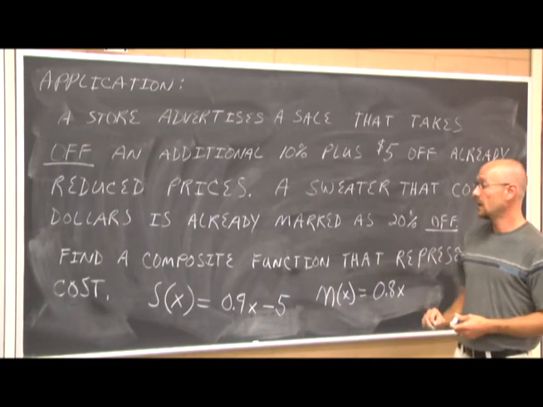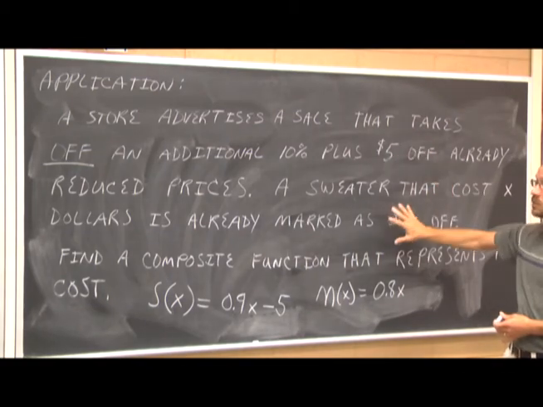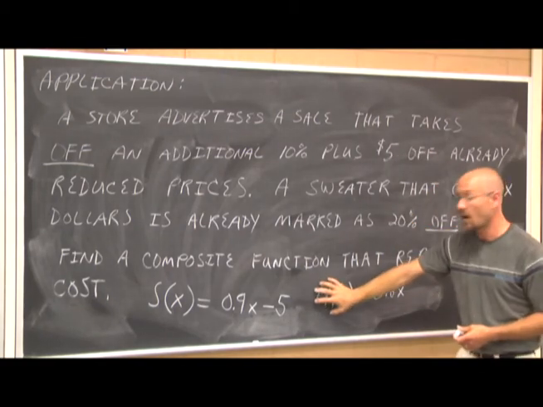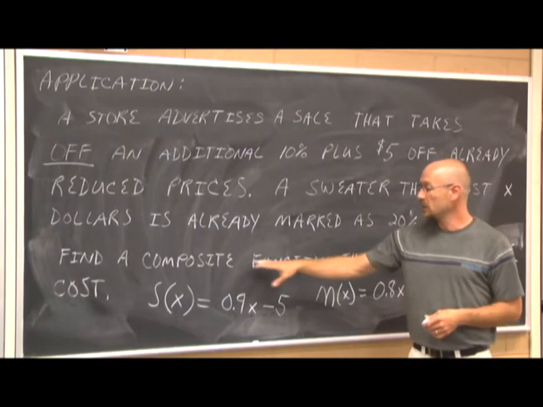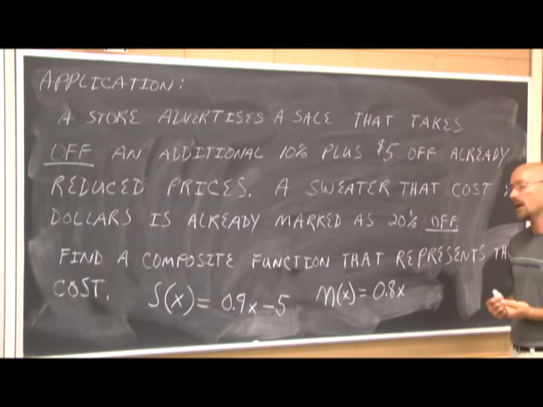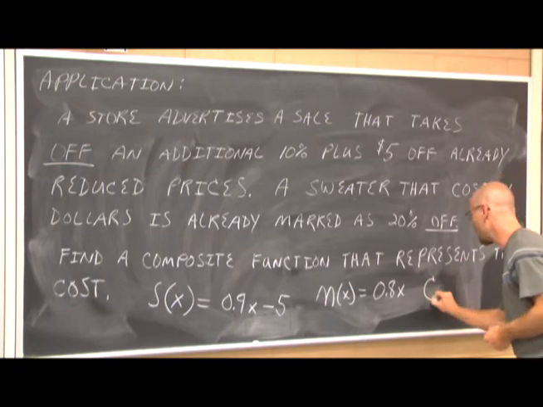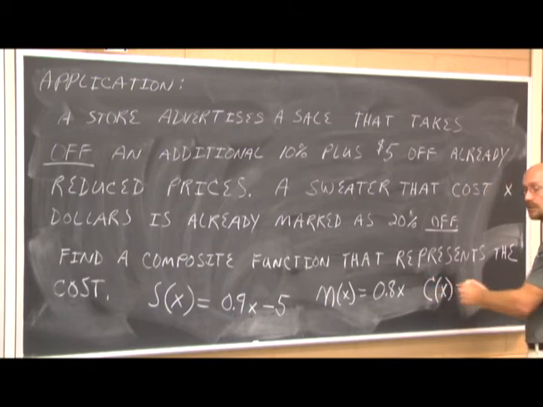We built two functions, one for the sale price and one for the reduced price. Maybe I should have called this R of x, since it's already reduced 20%. To build a composite function that represents the cost I'm actually going to pay out of pocket, I'm going to call this my cost function, C of x. This is my composite function.